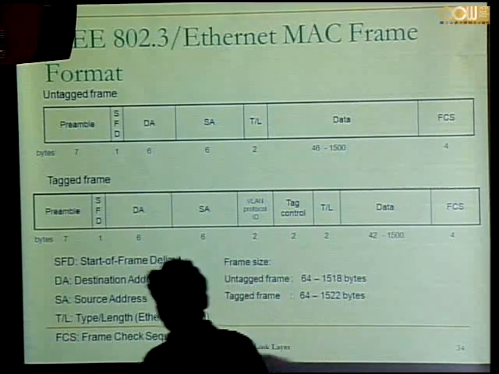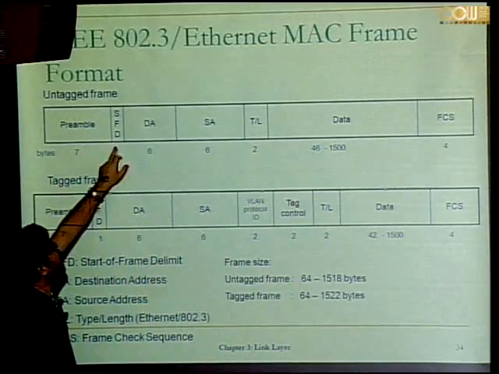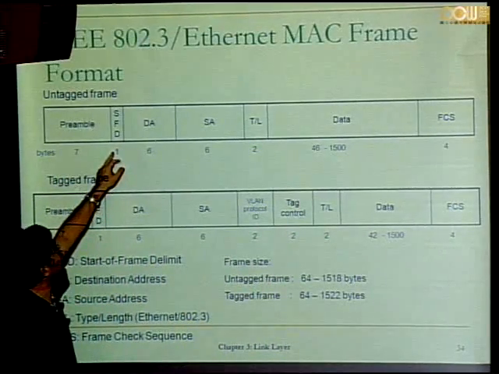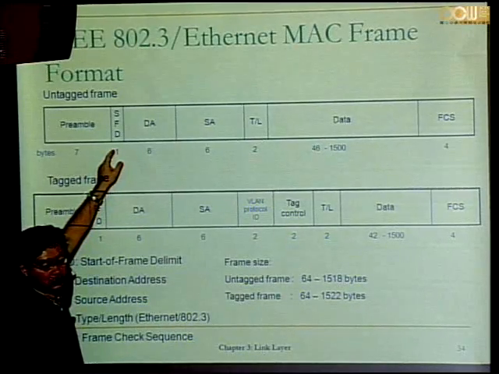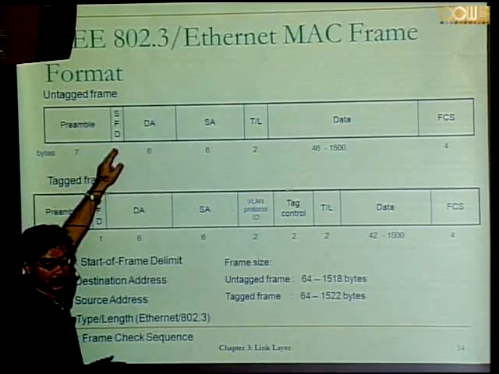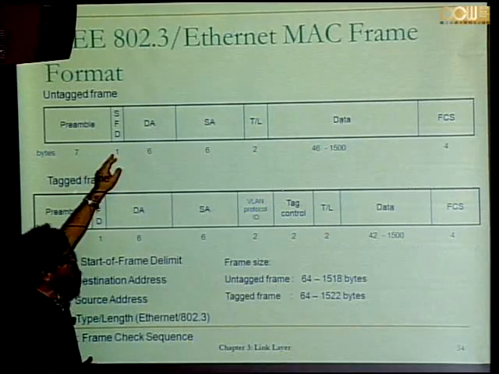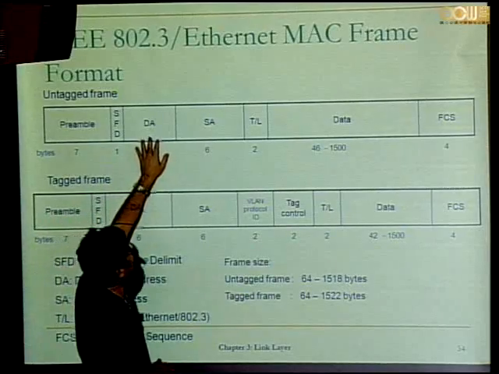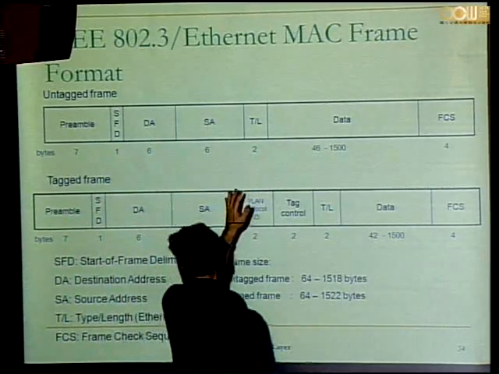They have a preamble, and then a start of frame delimiter, which is also the 8-bit pattern with 0, then 6 consecutive 1s, and then 0. The same bit pattern that we use for PPP and HDLC. And then the data: destination address, source address, and type and length.